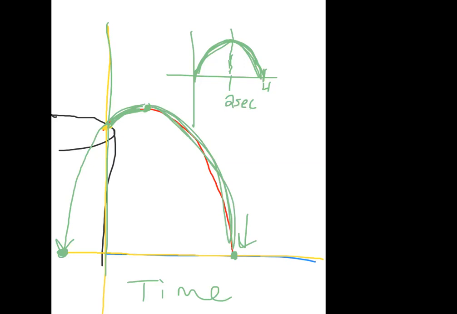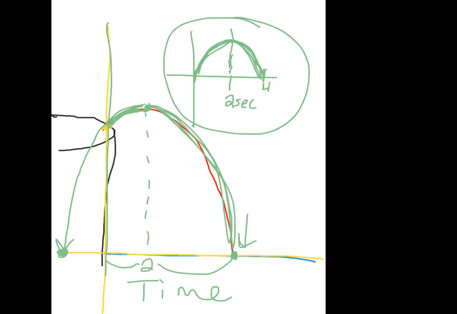Even if I knew that this was 2 seconds, I have no idea what this is because that is not the same as this. Does that make sense? It's just a little helpful hint: if I am starting at the ground and returning to the ground, I can get some of my answers a little bit easier if I remember that the parabola is symmetrical, and I can play that game.